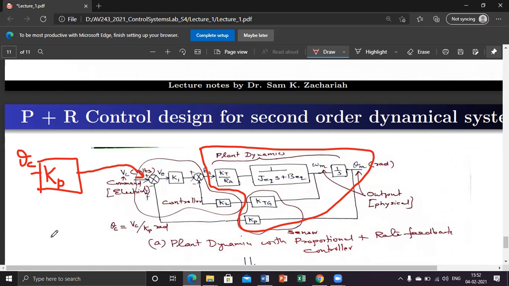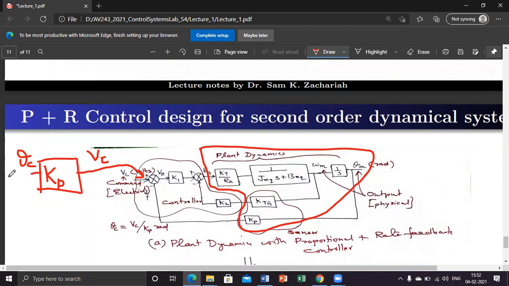Both are the same, because this is nothing but Vc. That's what we do. But the benefit is, here theta c is coming, here theta m is coming. Theta m is passing through Kp, theta c is also passing through Kp. So it's symmetrical.